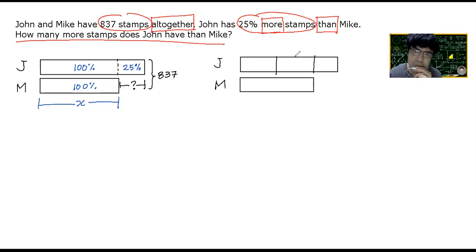Since it is 1 over 4, we may be able to divide everything into 4 equal parts. If this is 25%, meaning this can be 0.25 for each bar. In decimal, the percent or 25% is 0.25.